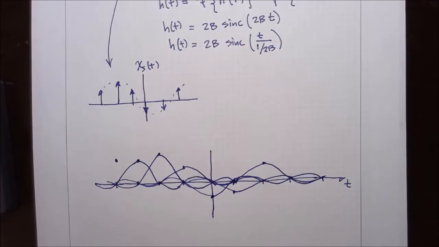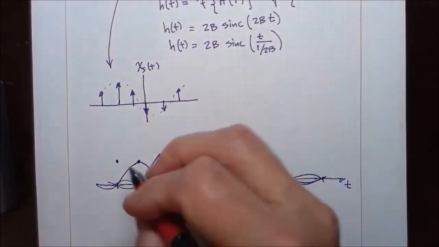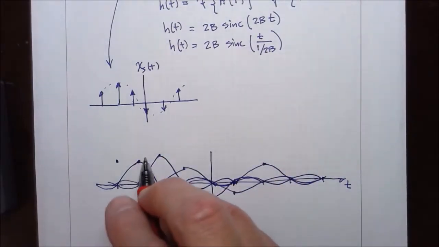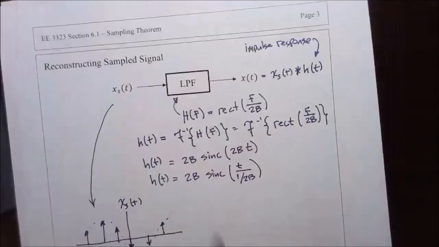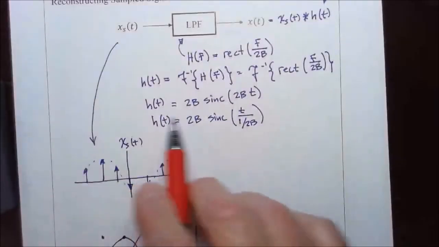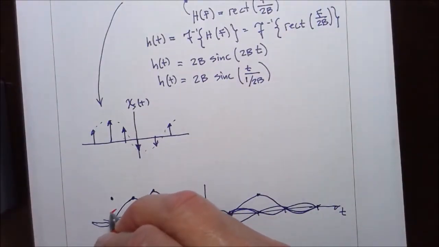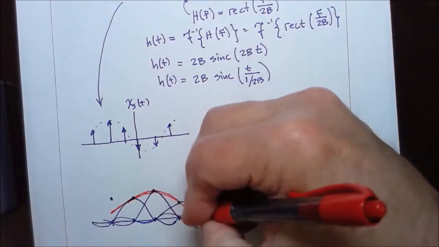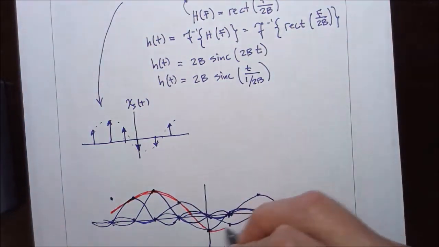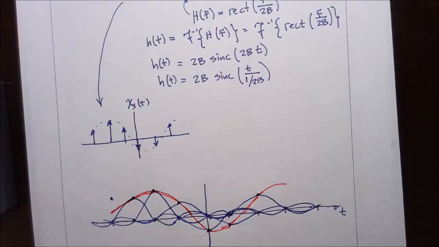And when you add together the output that results from each one of these shifted input delta functions into this low pass filter that has an impulse response given by the sinc functions, when you add these together, what we get is a reproduction of the original message signal.